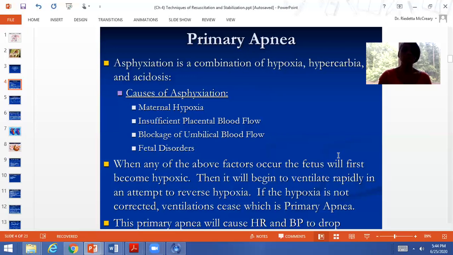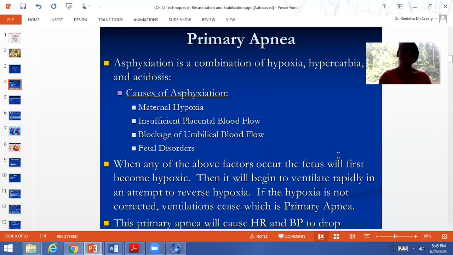The most common causes of asphyxiation are maternal hypoxia, insufficient placenta blood flow, blockage of umbilical blood flow, and fetal disorders. So when any of those factors occurs, the fetus will first become hypoxic. Once hypoxia has set in, the baby will begin to ventilate rapidly in an attempt to reverse this hypoxia.